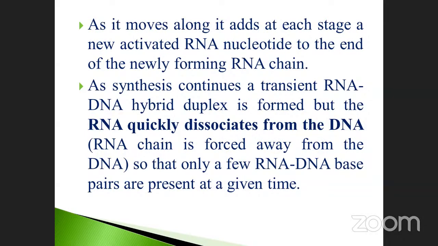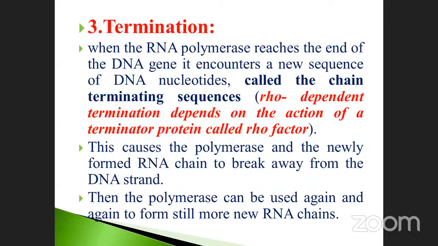RNA is synthesized from the DNA molecule, as we already discussed in our laboratory, with the help of RNA polymerase enzymes 1 and 3 with rho factors. All those things we already discussed.